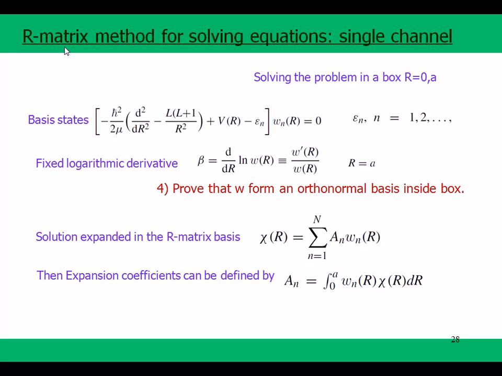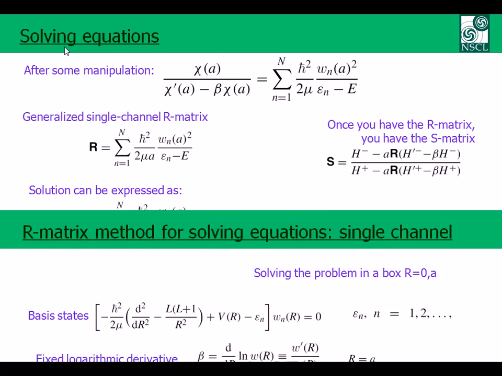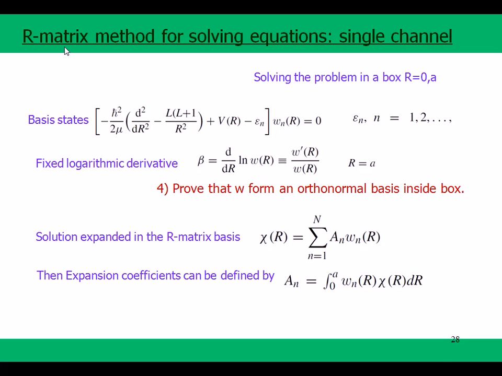Of course, just by applying the inverse of this, you can determine the expansion coefficients directly from that integral, as I defined here. So after some manipulation, and I'm not going through everything, you've got your conditions for chi of r and chi prime of r at the border of this box.